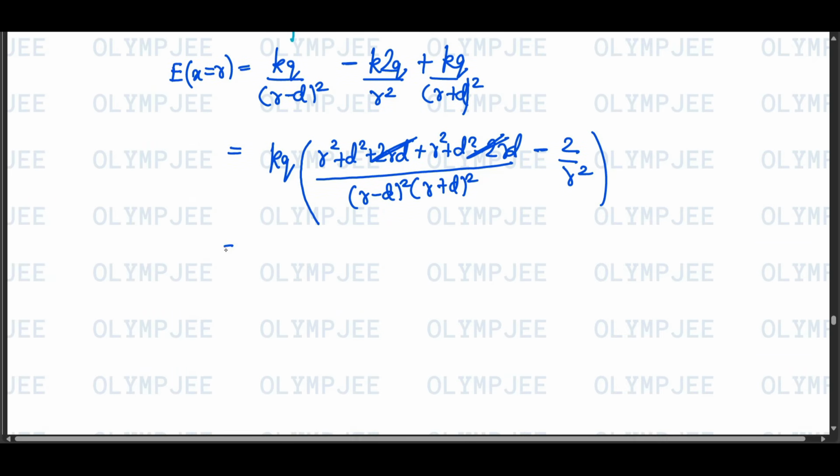So this will give us KQ, 2 r square plus d square, and this will become r minus d multiplied by r plus d whole square, which is r square minus d square whole square, minus 2 by r square.